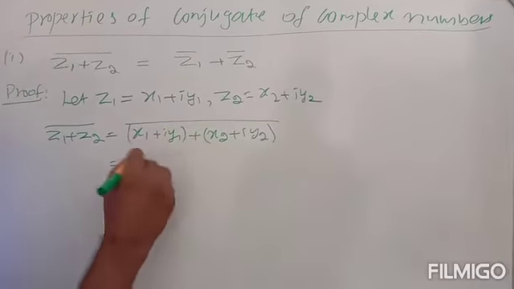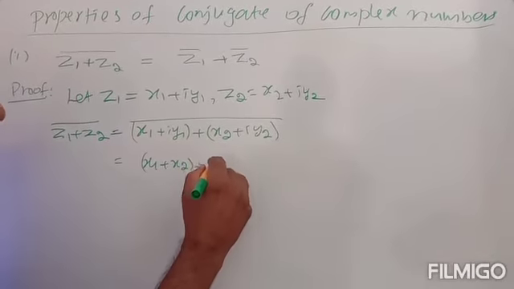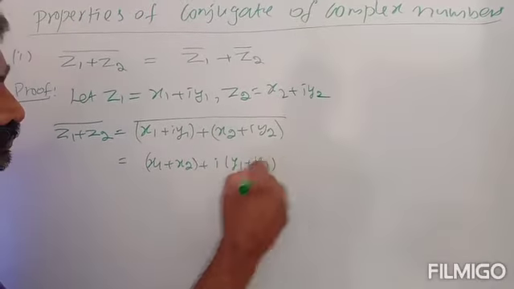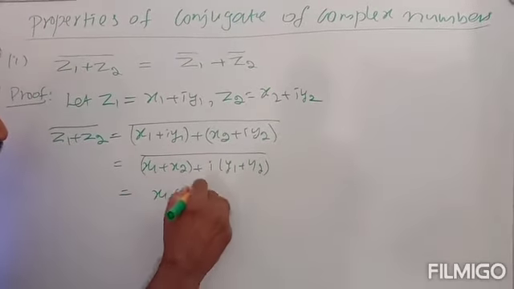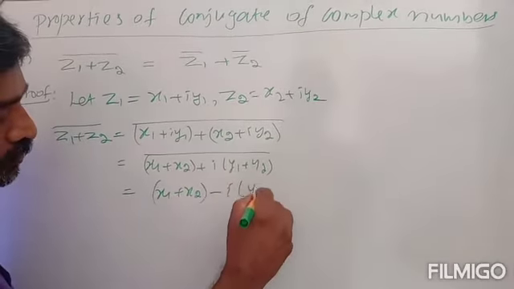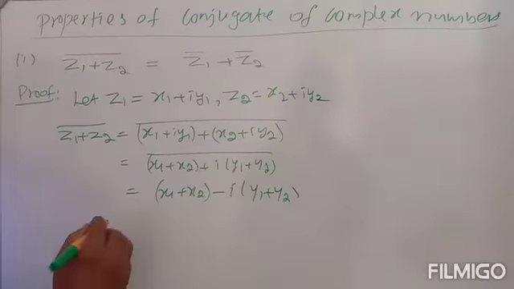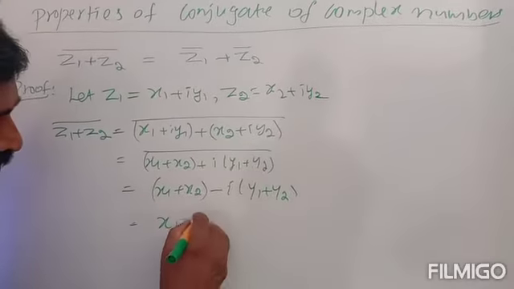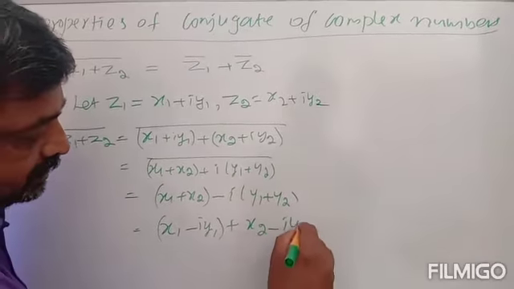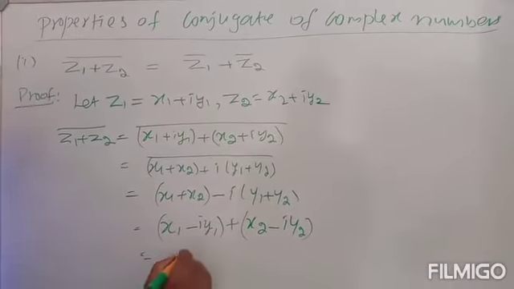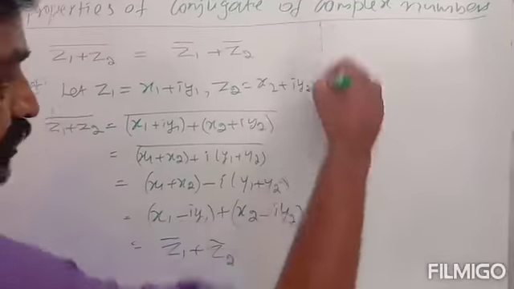So that is equal to, we can write, (x1 plus x2 plus i into y1 plus y2) whole bar. But that is equal to x1 plus x2 minus i into y1 plus y2, since the conjugate changes plus into minus. So that is equal to x1 minus iy1 plus x2 minus iy2. So that is equal to z1 bar plus z2 bar. In the same way we can prove the next.